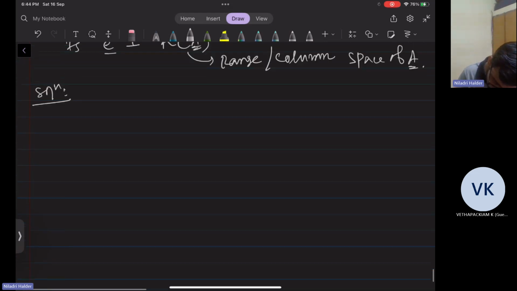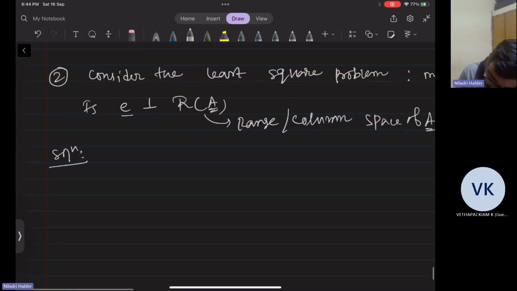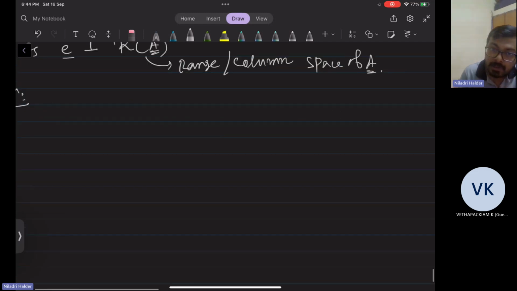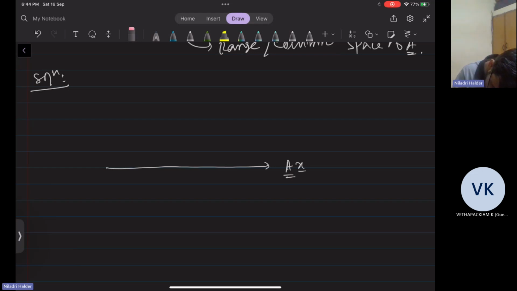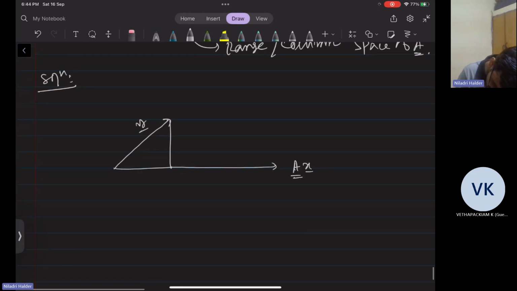The thing is that suppose this is the column space of A, and this is the x. Suppose this is the y, so y equals x plus this.